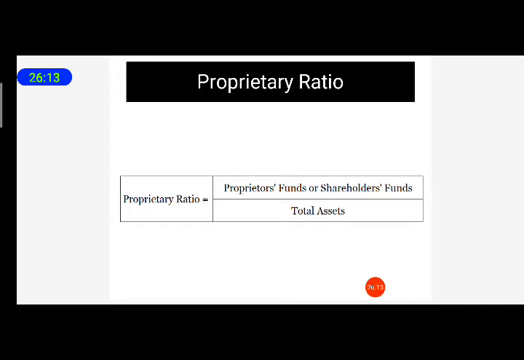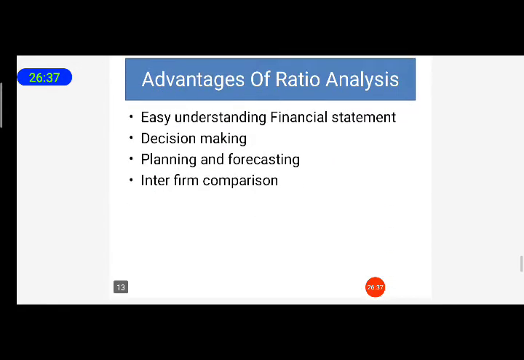It is very useful to determine the long-term solvency of the company. The formula is proprietor funds or shareholder funds divided by total assets, multiplied by 100. That is called the proprietary ratio.